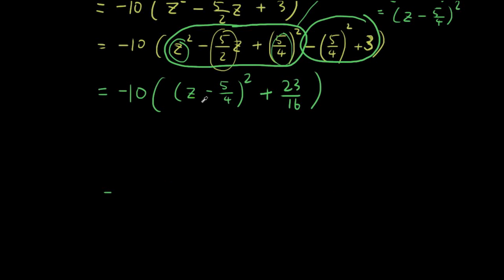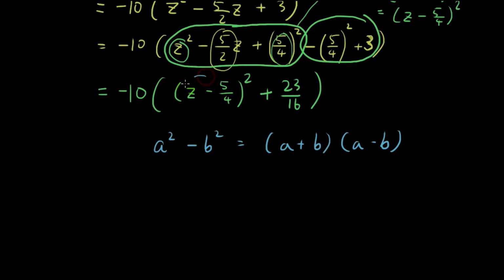So we're not done yet. Now we need to use another equation, and that is a squared minus b squared equals a plus b, a minus b. And that will give us 2 brackets multiplying each other.